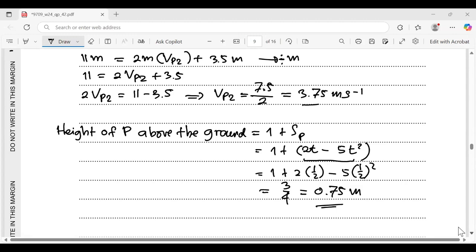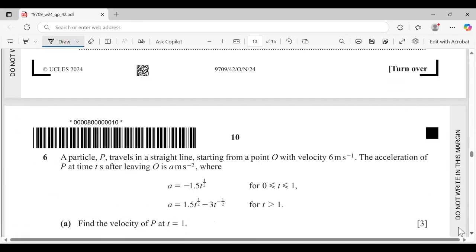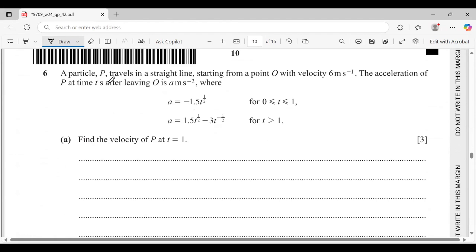Number 6. A particle P travels in a straight line starting from a point O with velocity 6 meters per second.